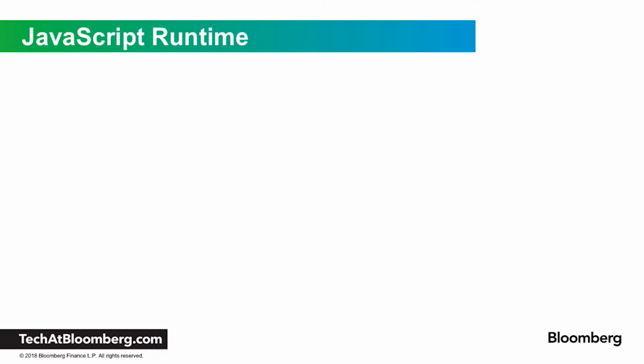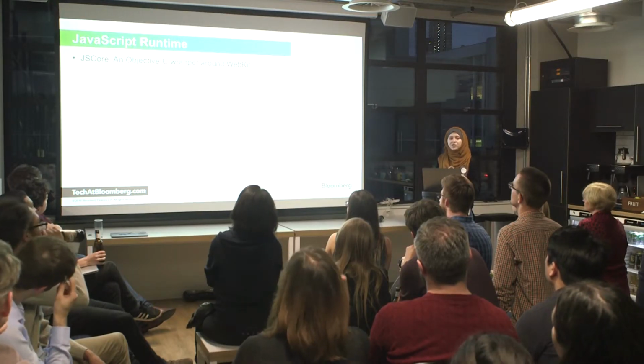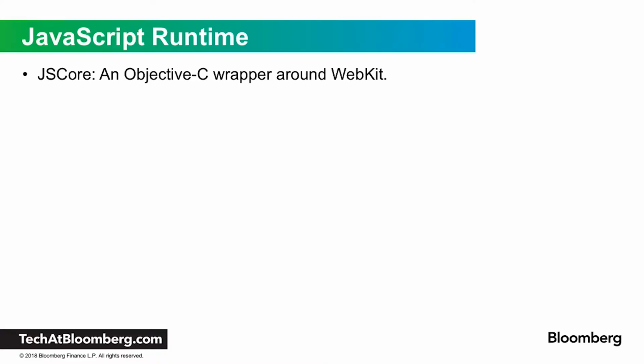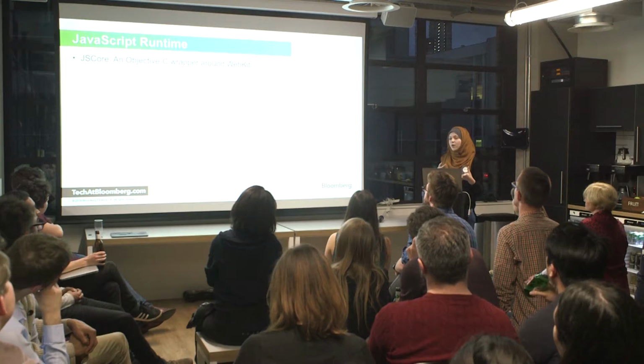And as mentioned earlier in the Q&A with Joe, the JavaScript runtime is a JS engine, JavaScript core, which started off as an Objective-C wrapper around WebKit, which is the engine that Safari, the web browser, uses. So this comes for free with Objective-C and iOS.